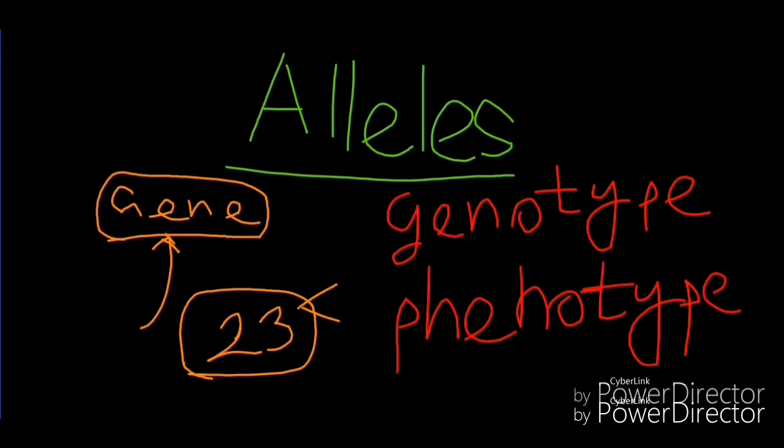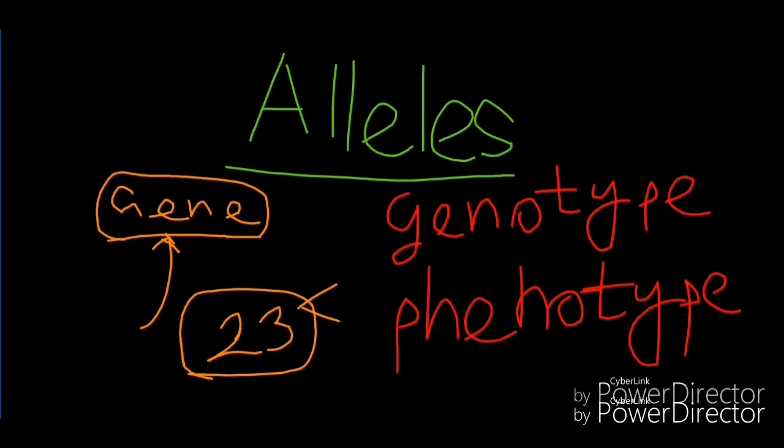So let me say, you know that suppose you're a son or daughter of your parents, and your parents have given one copy of each of their genes to you. That means you have two copies of each gene, one from your mother and one from your father. That means the genes are passing from one generation to the next generation, and when these are passing through the generations, sometimes they have some difference, or sometimes this passing is very interesting.